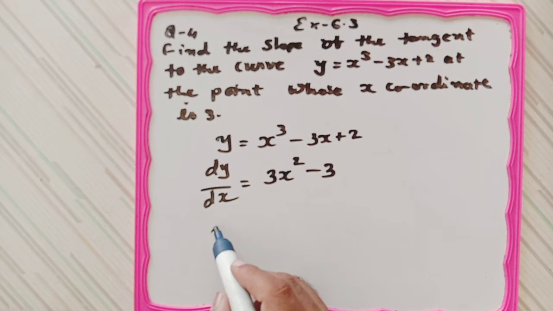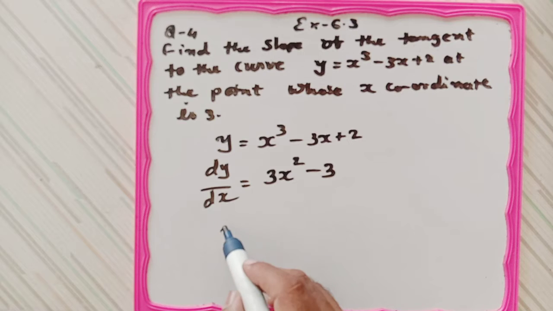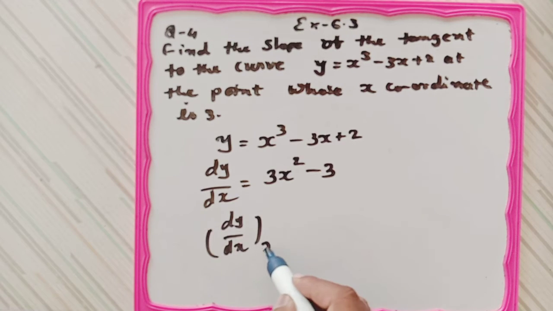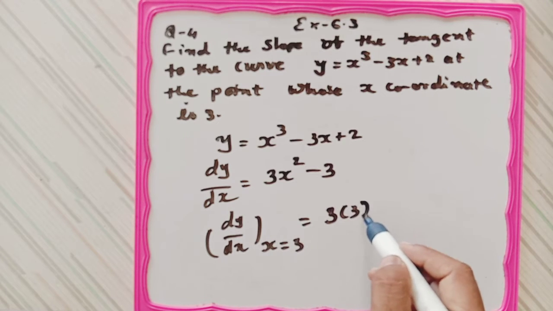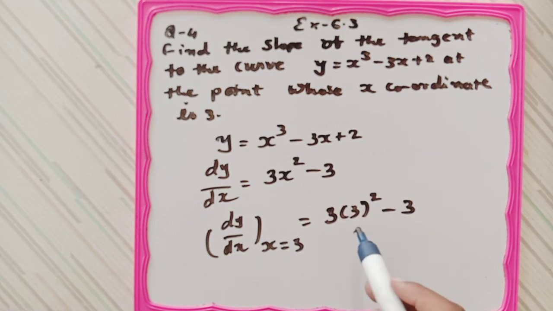And the slope of the curve is dy by dx at the given point. So dy by dx at x equals 3 is 3 into 3 square minus 3. So 9 threes are 27 minus 3, it is 24.